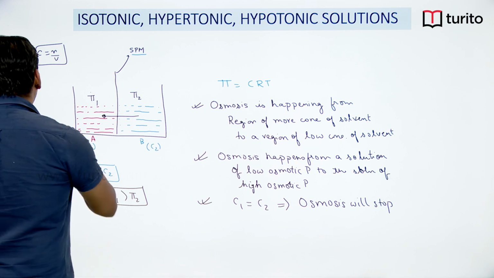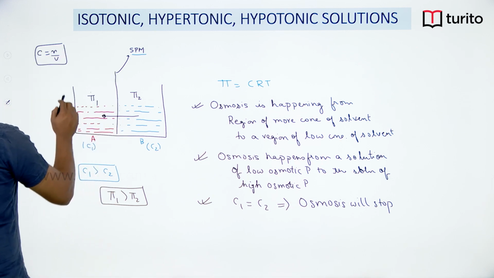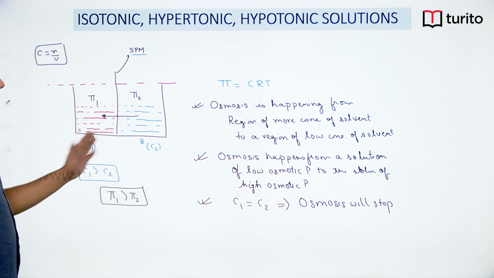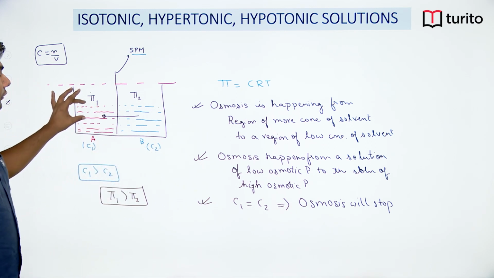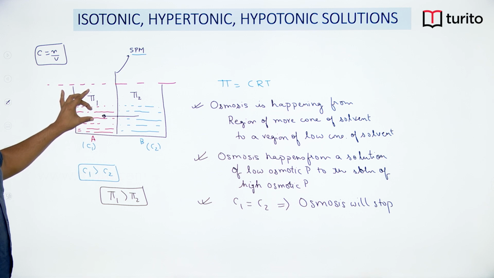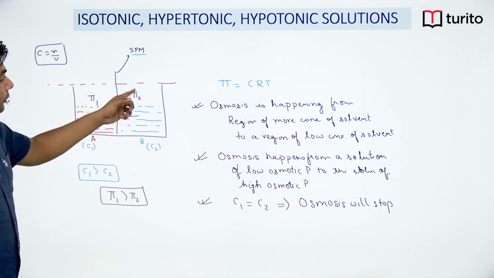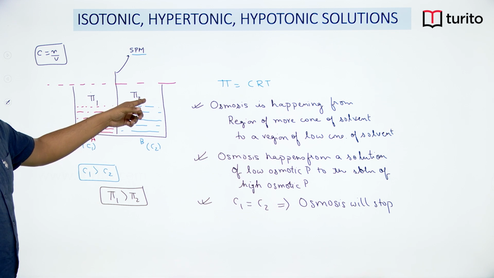Now if we want to write in terms of vapor pressure, suppose this container is closed. We know that because C1 was greater than C2, the amount of solute over here was more. If the amount of solute is more, the vapor pressure of the solution will decrease. The concentration of this solution was less, so the vapor pressure over the solution would be more.